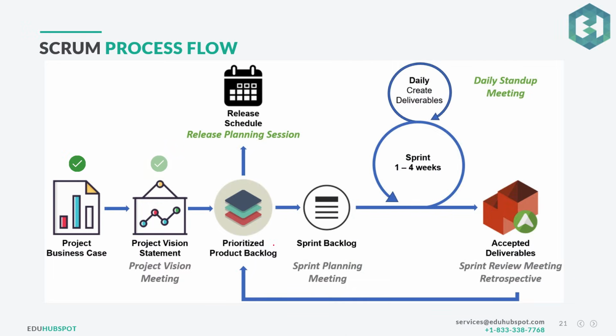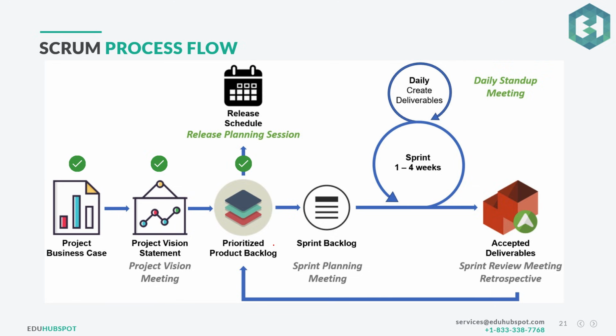So for that, I will come up with the project vision statement. The vision statement will clearly explain the vision of your project. In my case, the vision of my project is to make a professional website for professionals who want to learn certifications and grow their career.